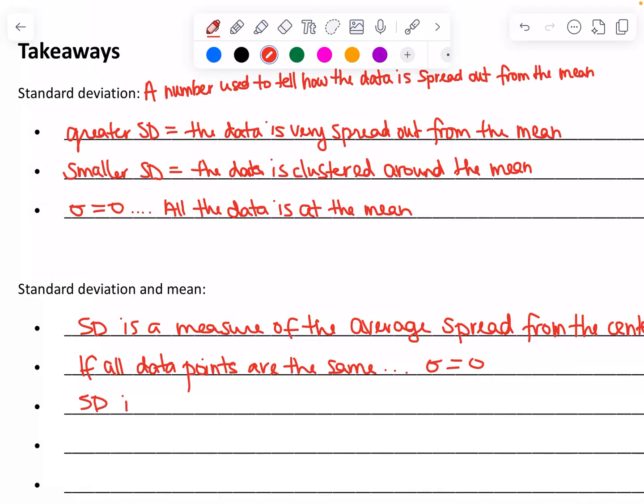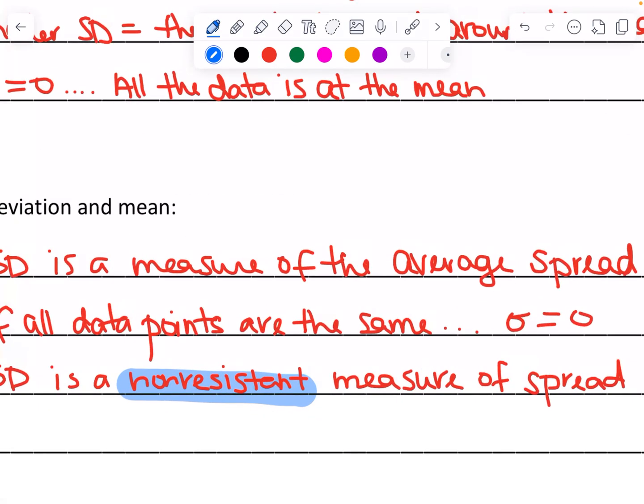What non-resistant means here is that it is heavily influenced by outliers. So I'm going to write that right here: heavily influenced by outliers.